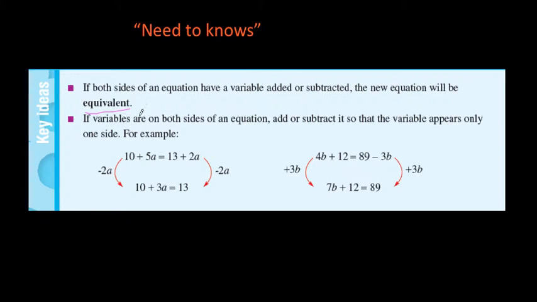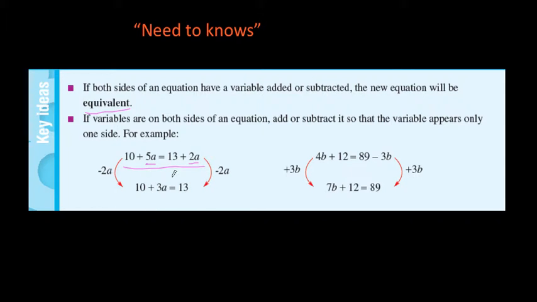Also, if variables are on both sides of an equation, for example, this equation here, see there's an a on this side of the equation and a over there, so two of the same variable on either side of the equation. So if they're on both sides of an equation, add or subtract so that the variables appear only on one side.